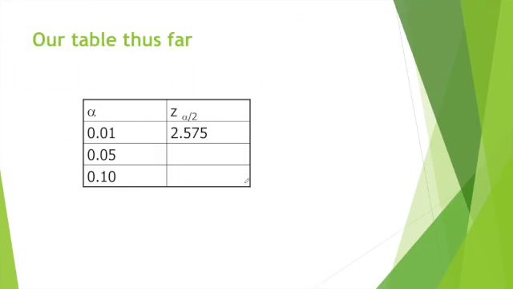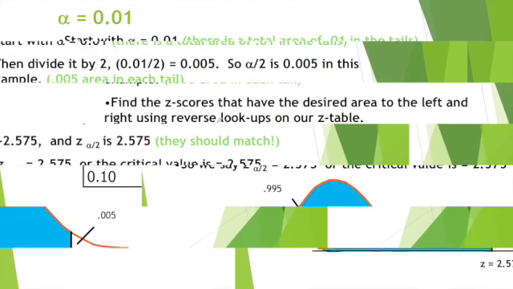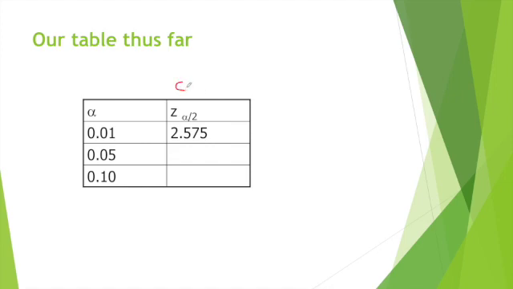So here's our table. So we've got alpha for 0.01. Here's our z sub alpha, or our critical value, also known as critical value. And then we have our alpha. So if alpha is 0.01, we're constructing a 99% confidence interval.